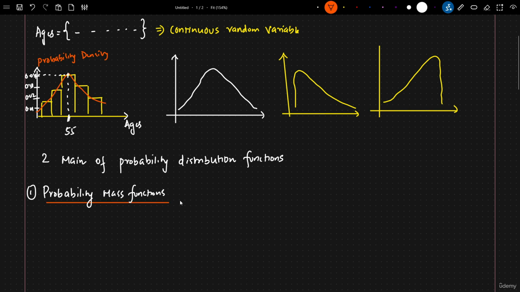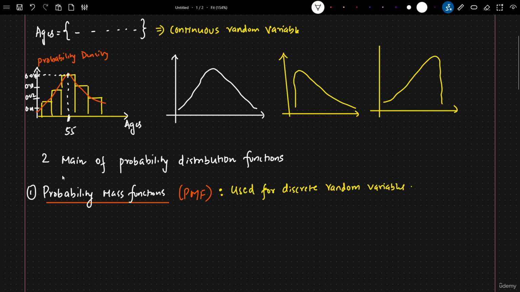This is also denoted as PMF. This kind of function is used for a discrete random variable. Let's say if your random variable is discrete, a whole number, at that point of time, in order to represent the distribution, we will be using probability mass function.